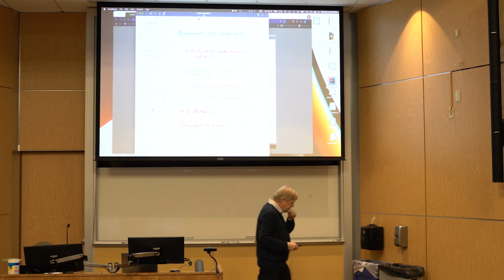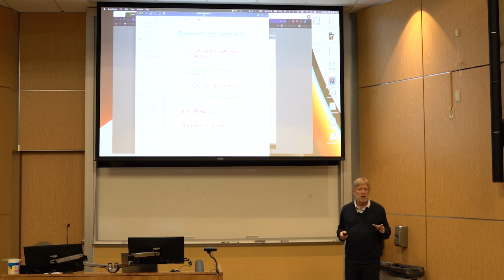So given this description, it's actually possible to enumerate or list the words in this group. In computer science, to enumerate something means to describe a way of writing down every element of a set in some order. So here I've done it for you. There's the identity element, there's A1, there's A2, then there's A1, A2, A2, A1.